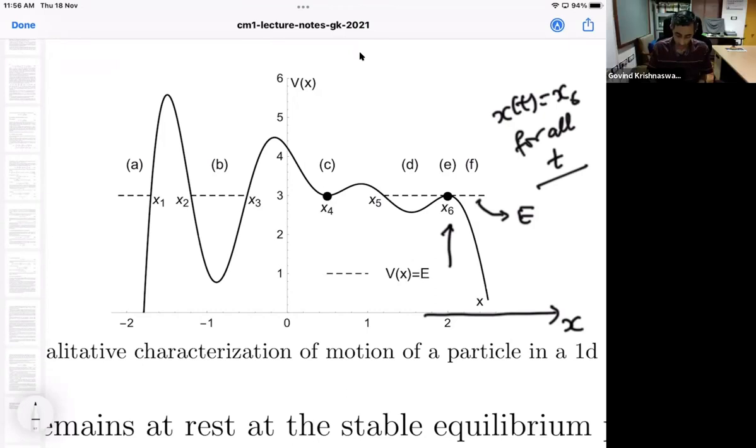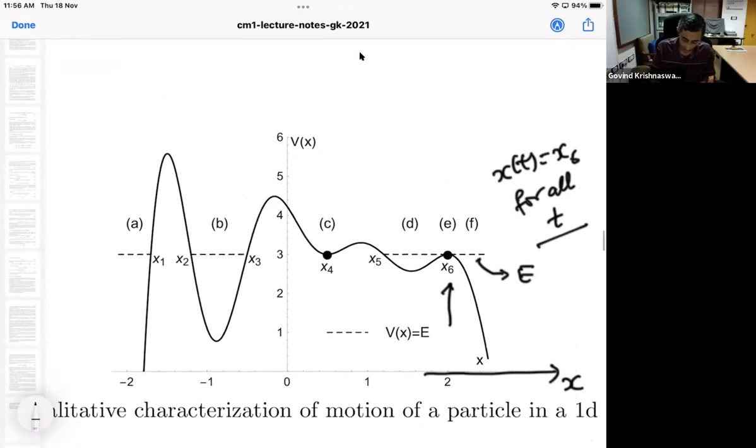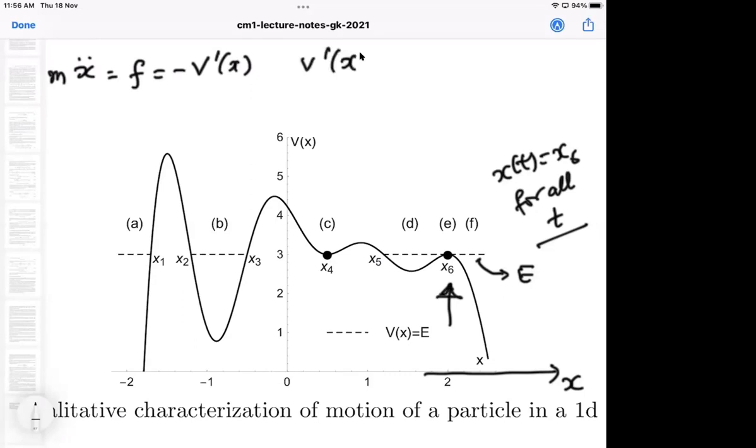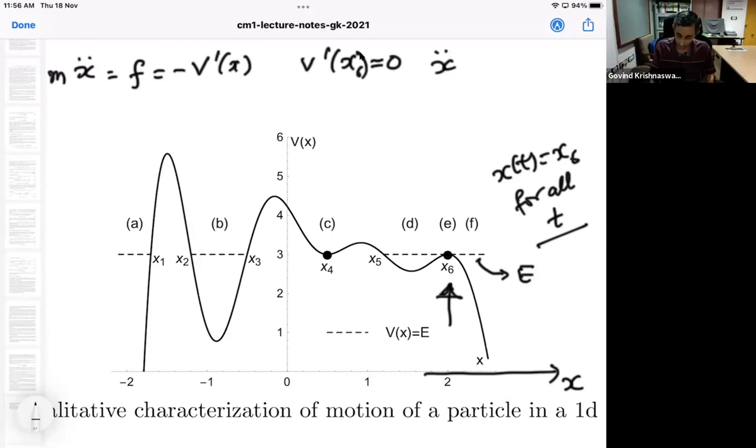So let me just clarify. The equation of motion is m x double dot equals the force, which is given by minus V prime of x. At the point x6, V prime of x6 is 0, and therefore x double dot is 0 at x6.